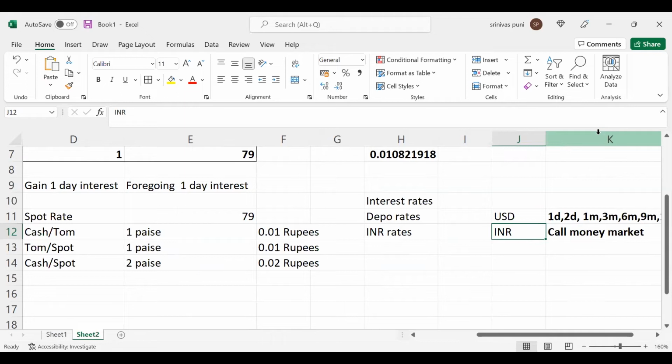Then for any date earlier than the spot date, in this example cash rate and the term rate, the dollar which you want to buy value cash or value term, understand this, the dollar rate is lower than the spot rate for these dates, right?